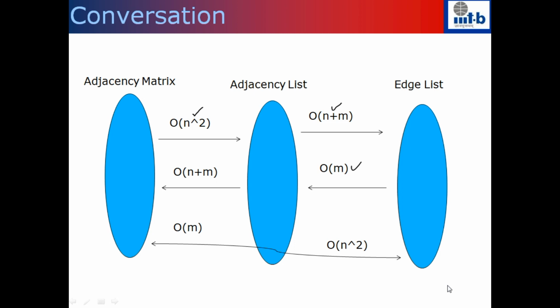So when you want to convert from A to B, what matters is how you have stored the representation in A. You can just verify through this diagram. What I have written here is the amount of time that it takes to convert from one representation to other representation.